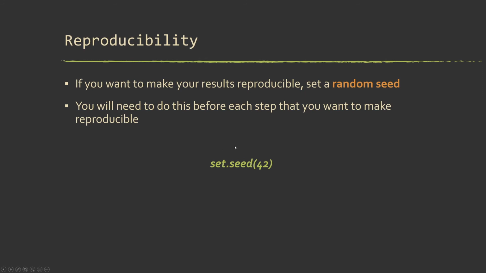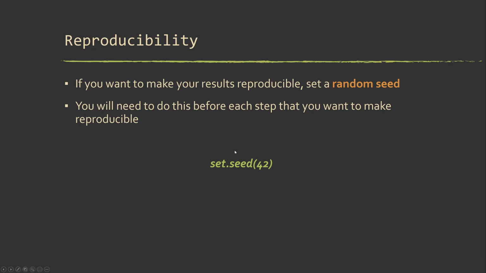So generally the rule in R is you can't just set a seed at the top of your code and assume that is going to be maintained throughout the code. Instead, you have to set a random seed right ahead of any line that has a random component. So like random sampling, training models, the cross-validation processes. So you'll see that in my examples. You'll see set.seed defined a lot because that's how R works.